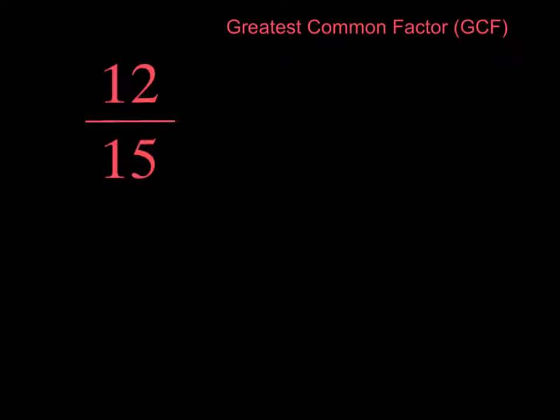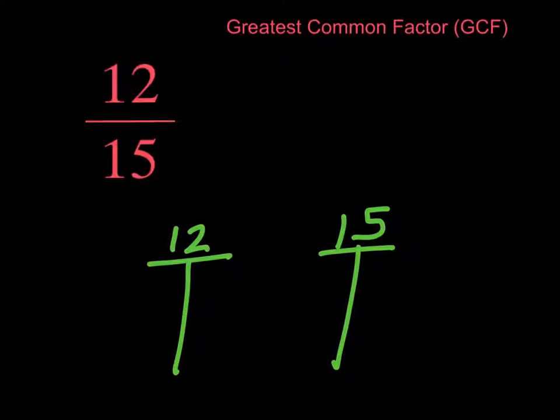Let's try another one. Here we have the fraction 12/15. So again, we're going to find the greatest common factor, or the GCF, between 12 and 15. So I'm going to list out the factors for each below. If I start with 12, the first factor pair I would have is 1 and 12.